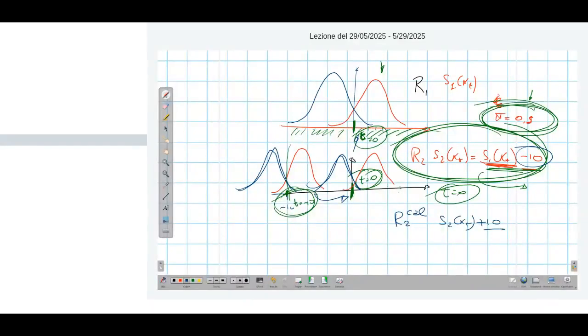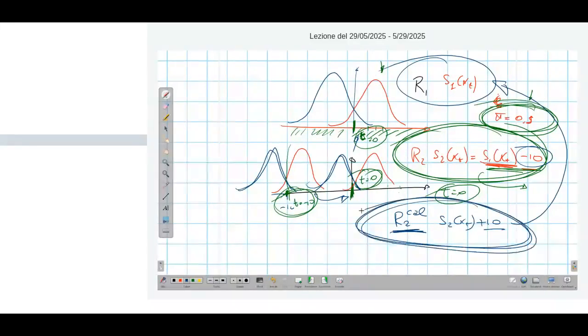If I add 10 to the score provided by this model, I will get exactly the score provided by the first recognizer, which, from our assumption, was well calibrated. So the idea here is, can I find this kind of transformation? And the answer is yes. We can do that by creating models of the scores and analyzing how the scores behave and how they should be modified in order to recover scores that represent log likelihood ratios.